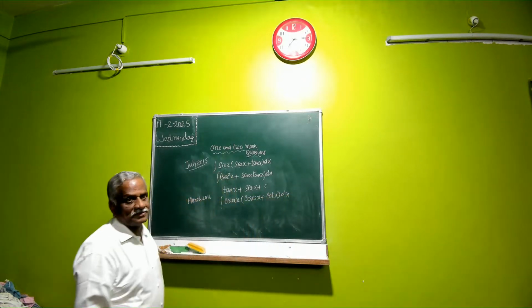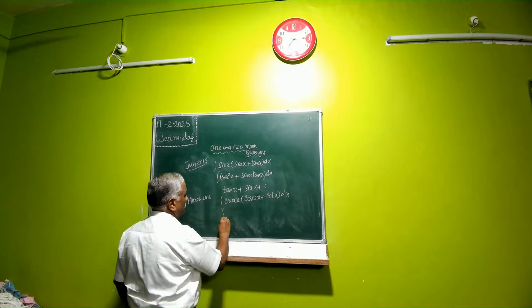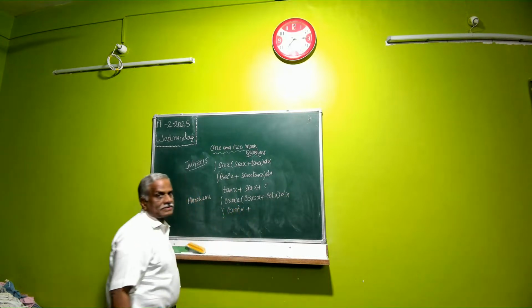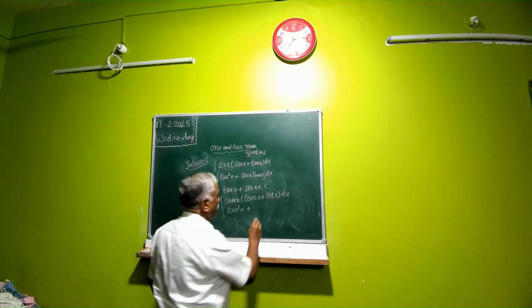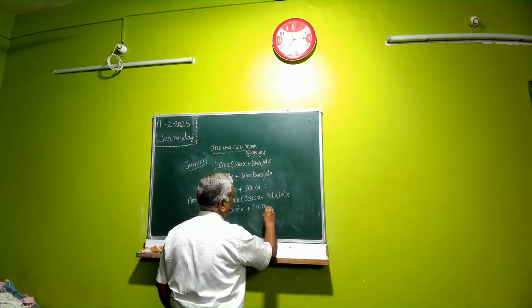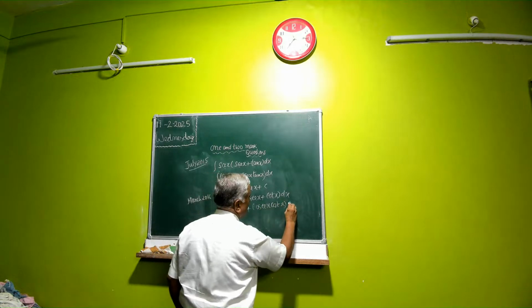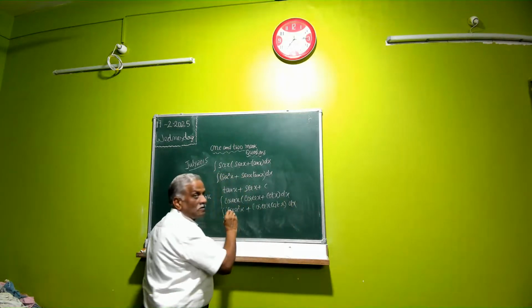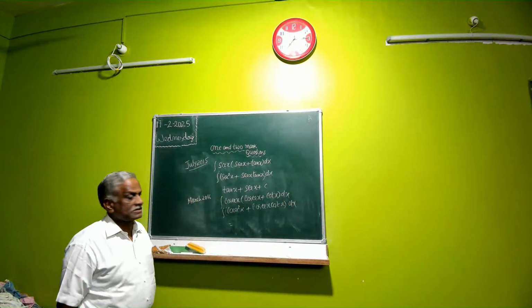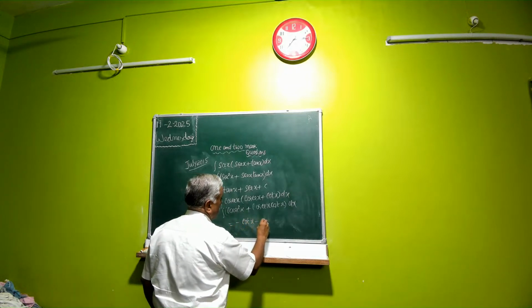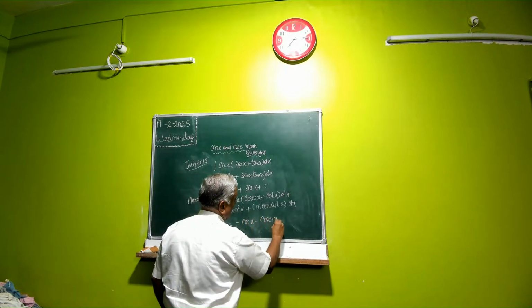Procedure is same. You multiply, you get cosecant square x plus cosecant x cot x dx. For the integration of cosecant square x, it is minus cot x. And this is minus cosecant x. Yes.